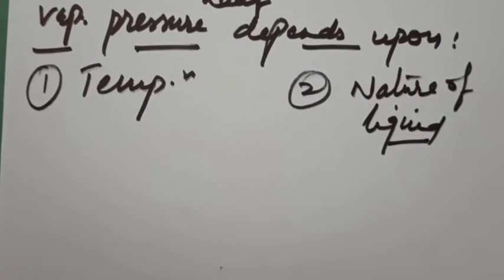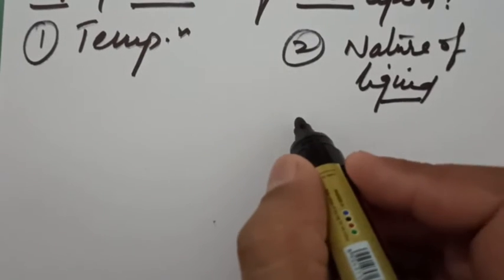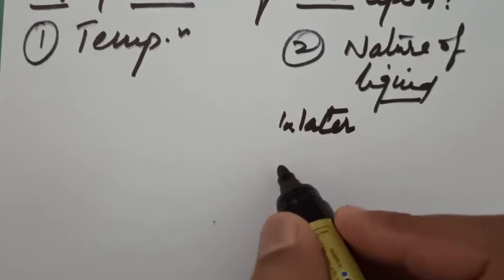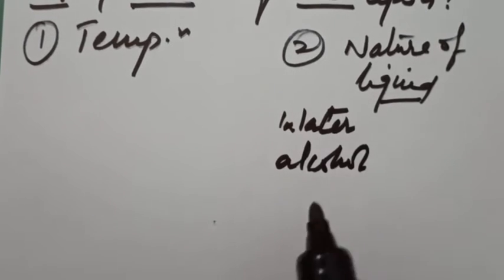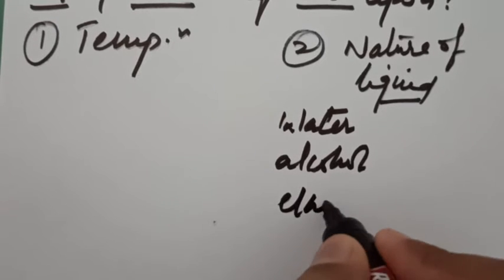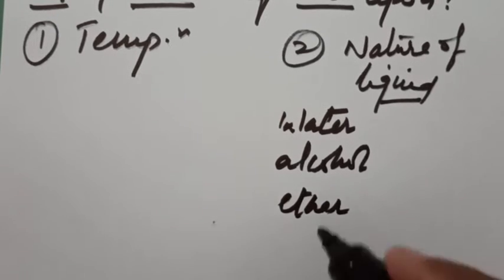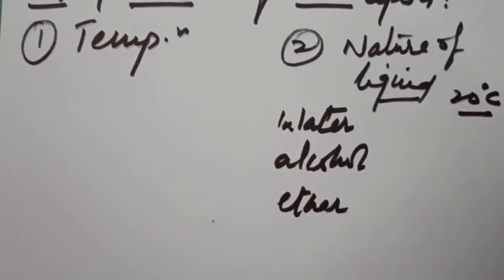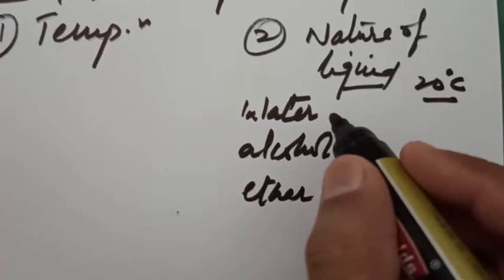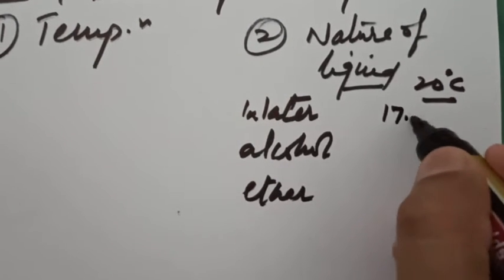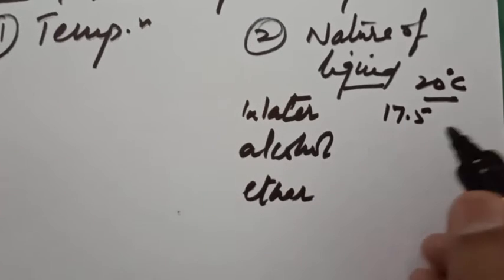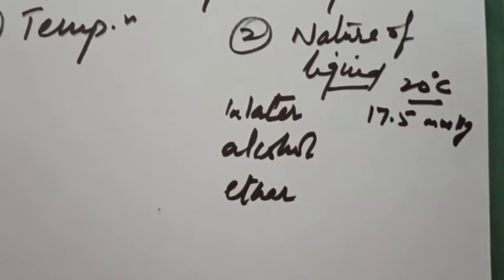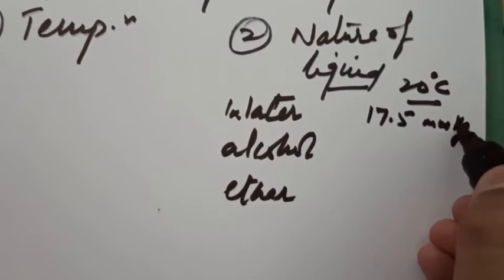Now I'll tell you some examples of nature of liquid. For example, if we have three types of liquids: water, alcohol, that is ethyl alcohol, and ether, suppose diethyl ether. Suppose the temperature is constant, that is 20 degrees Celsius. At 20 degrees Celsius, water will show a vapor pressure of 17.5 mm of Hg, as you know this is the unit for measuring pressure.